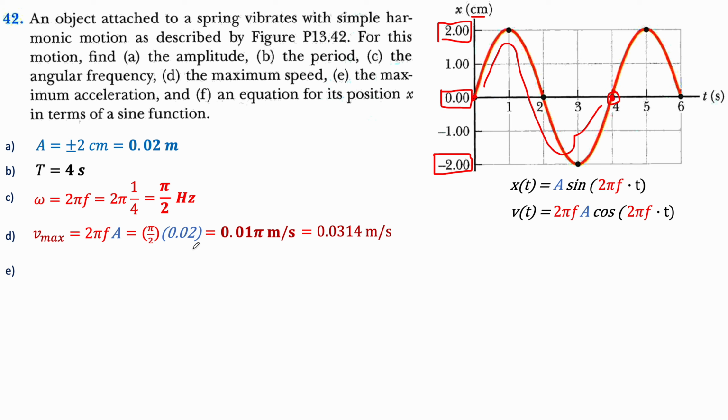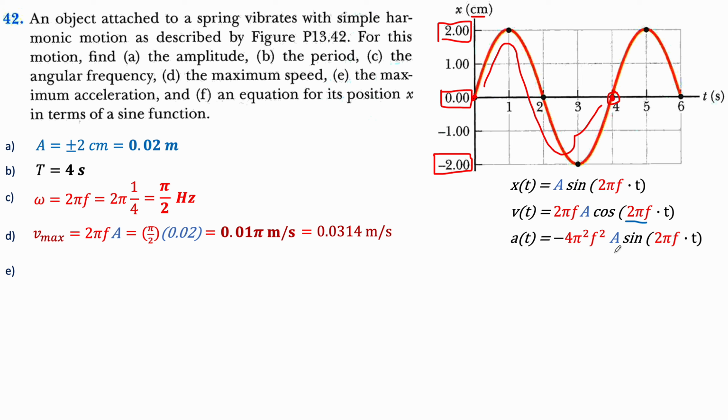For question E, what's the maximum acceleration? Again, we're going to do a very similar thing. If you remember, the general format for acceleration is, again, we take another 2 pi f out front, and it now becomes 4 pi squared f squared times amplitude times, if it was cosine becomes sine, if it was sine becomes cosine, but this does become negative.